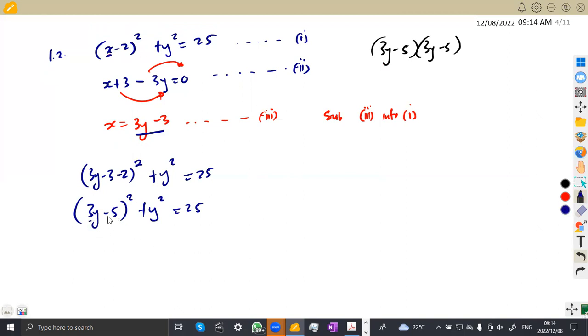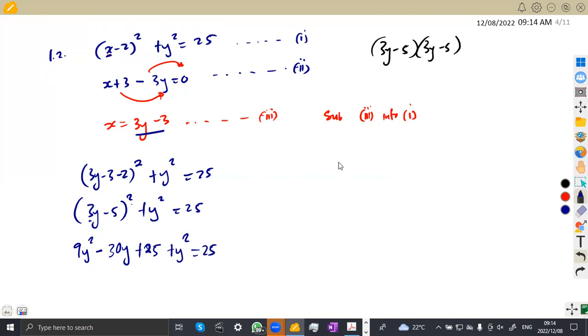So remember, it's 3y squared, which is going to give us 9y squared, minus 3 times 5, that's 15, 15 times 2, which is 30y, minus 5 squared, which is 25. Remember, 5 squared, that's 25, plus y squared is equal to 25.